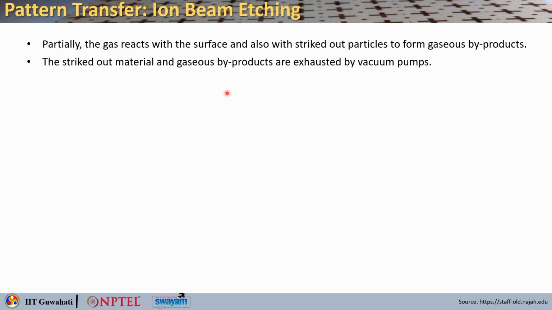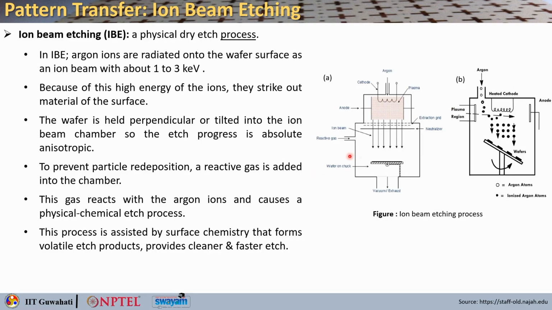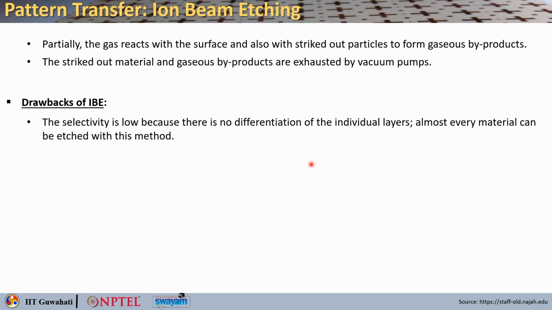Partially the gas reacts with the surface and with the struck out particles to form gaseous byproducts, and the struck out material and the gaseous byproducts are exhausted by the vacuum pumps that you see here. Now, what are the drawbacks of ion beam etching?